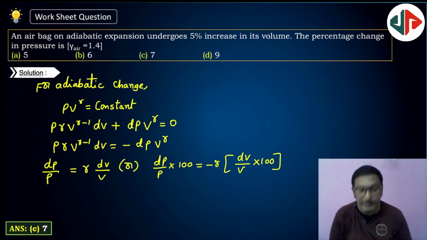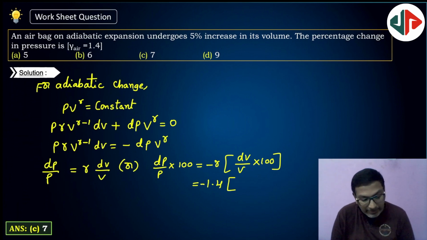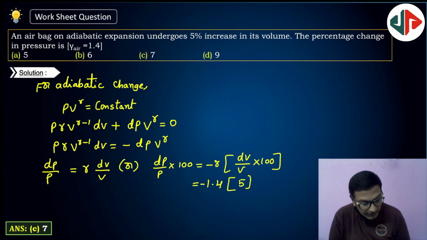Percentage change. So here given gamma value as 1.4, so minus 1.4. Next, increase in percentage, that means 5% increase in volume. Increase in volume is given, that is 5. Therefore, minus 7%.